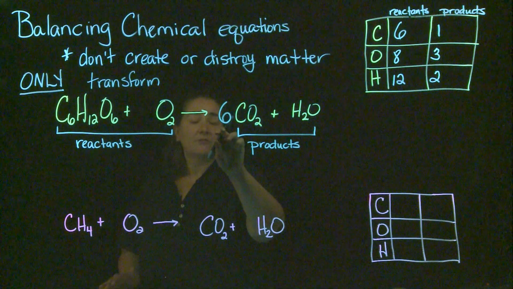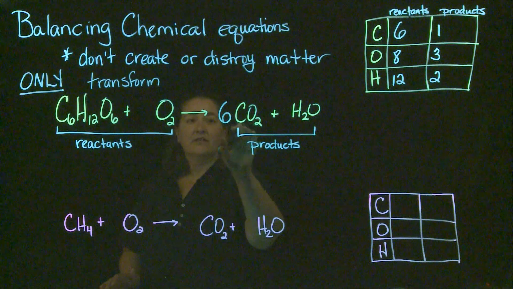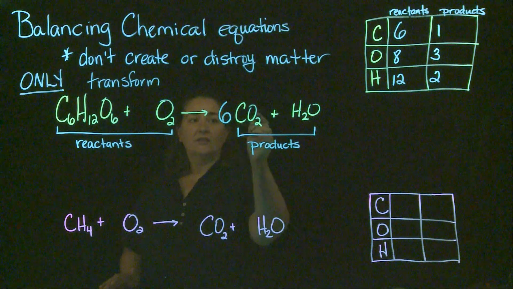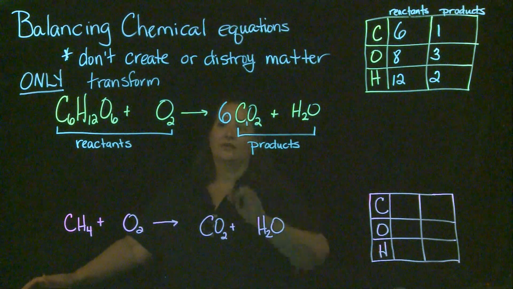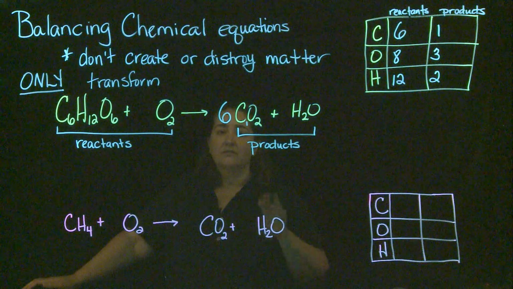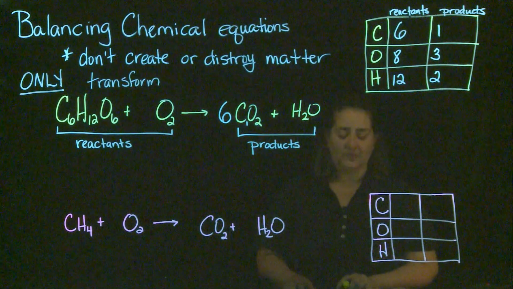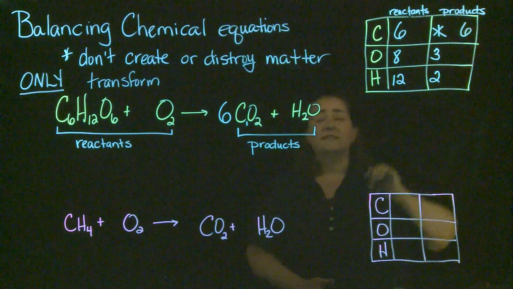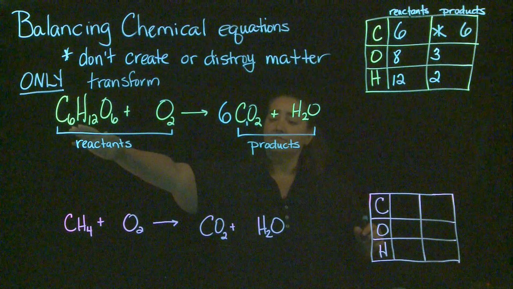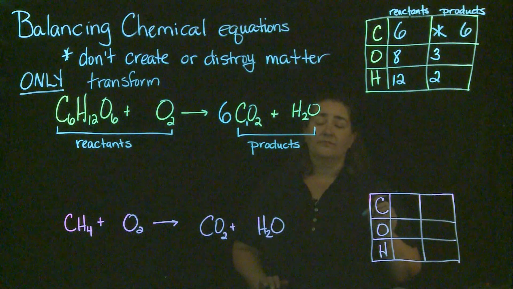When you have a number in front of a compound, you multiply. 6 times 1, and if you need to put in a placeholder there to know that that's 1, that's fine. 6 times 1 is going to give us 6. So now we've got 6 carbons on each side.